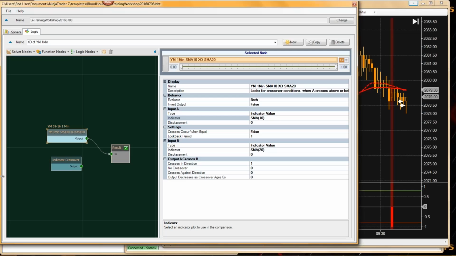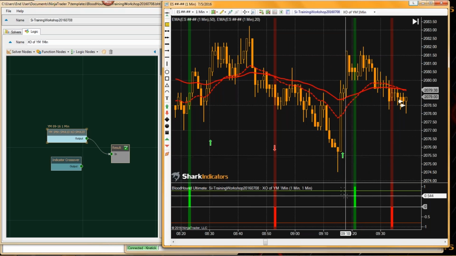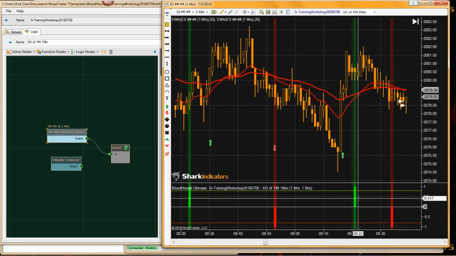All right, so here's another question from Kyle. Is there a way to get BloodHound to further identify signals coming from the other charts? Example, maybe a written note on the chart to distinguish it from signals coming from the first chart. No. BloodHound is just designed to give you clear, simple buy and sell signals.